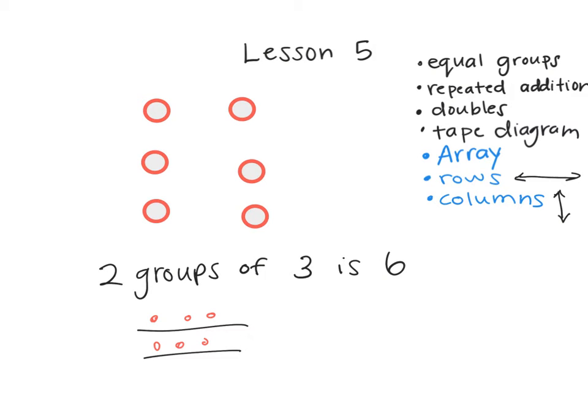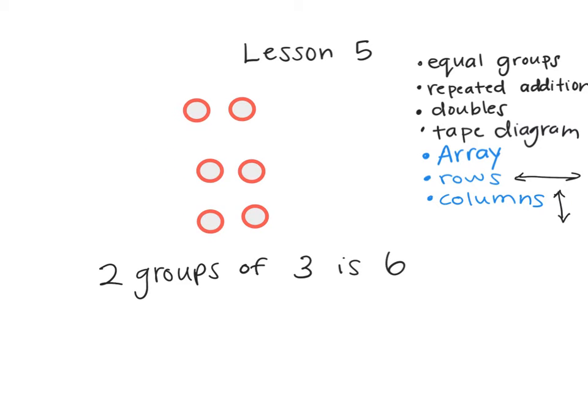But there is one more thing that we could do, and let me erase this real quick, is we can even push these together and create 3 rows. So I see here I have 1, 2, 1, 2, and 1, 2. So now my columns could turn back into rows, and instead of 2 groups, we now have 3 groups of 2 inside of each one.